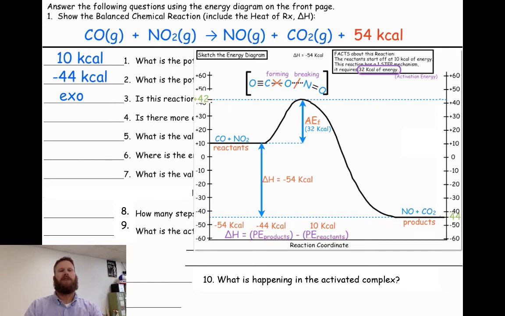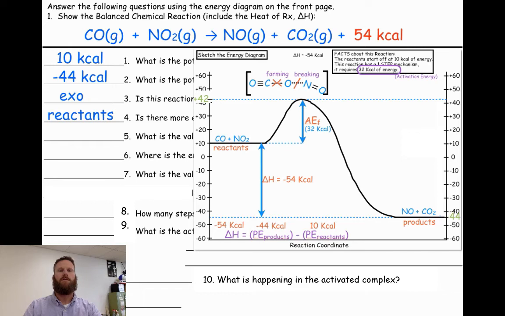Looking at the energy level diagram, it is easy to see that the reactants have a higher potential energy. Remember, you can also think about it in terms of the law of conservation of energy. 54 kcals of energy must be added to the product side, just so the products have the same energy as the reactants. So the reactants must have a higher potential energy.